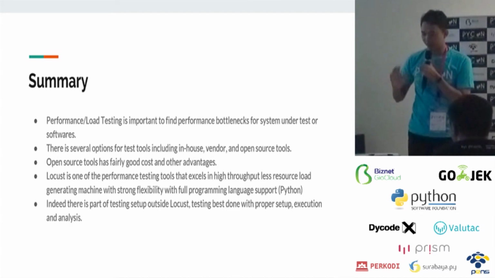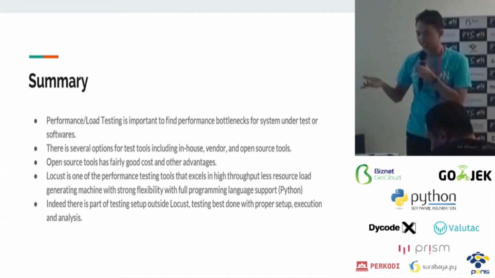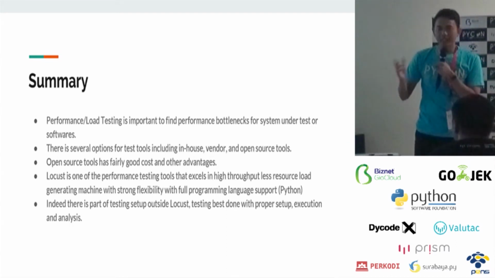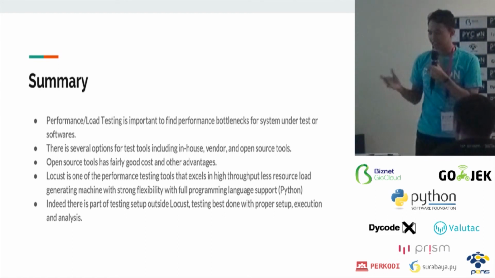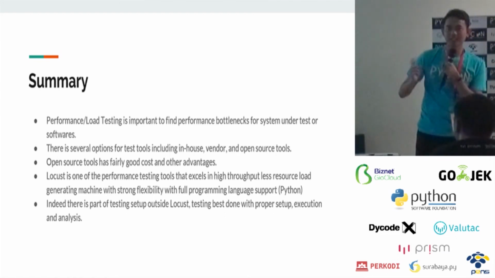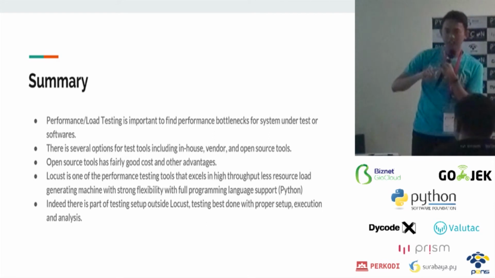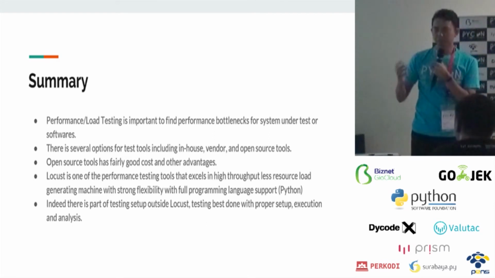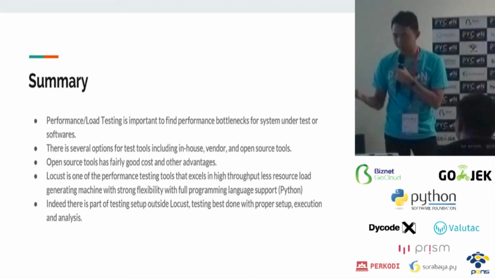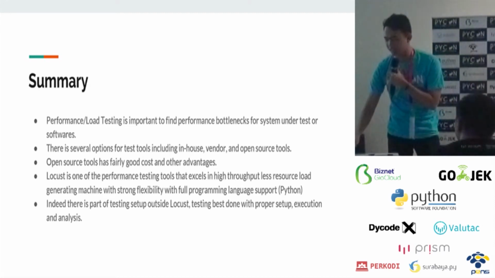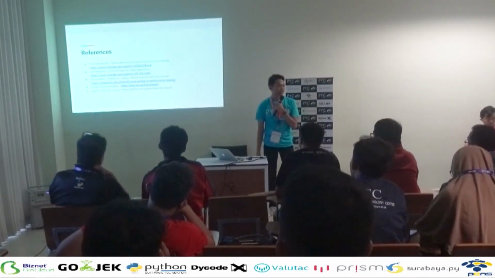And there is part of the testing setup outside Locust, since we know that testing is best done if we do the test and experiment in a good way, with proper setup and proper analysis. And this is the difference.